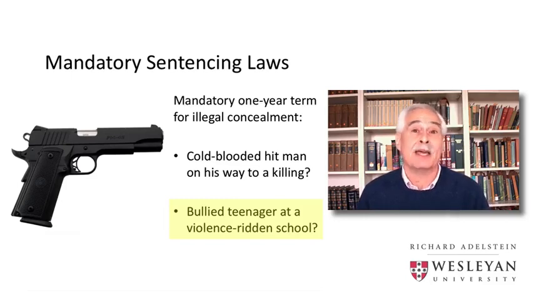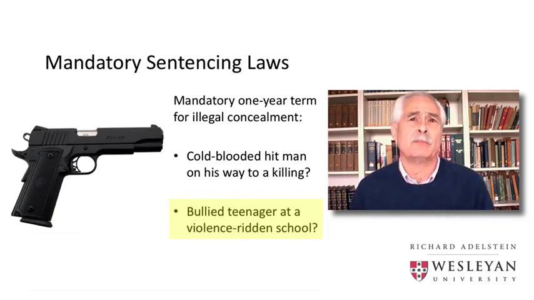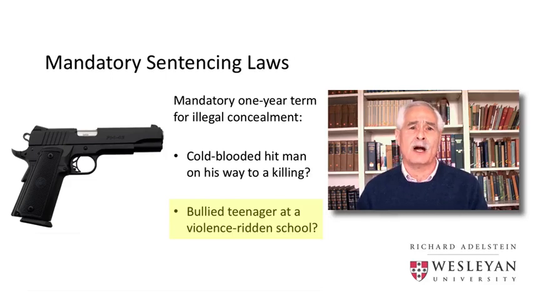This is why mandatory sentencing laws are so problematic, because in fact they conflate all sorts of crimes down to a single crime, as it were, and assign a single penalty to that conflated crime.